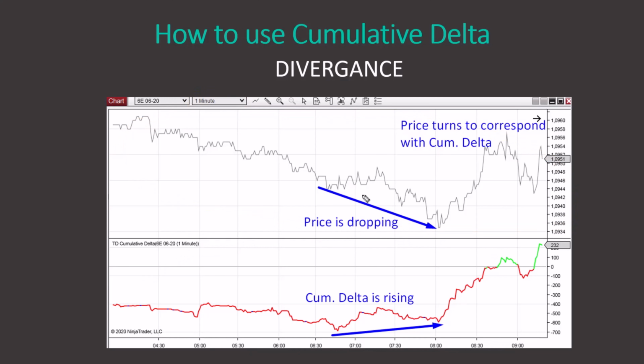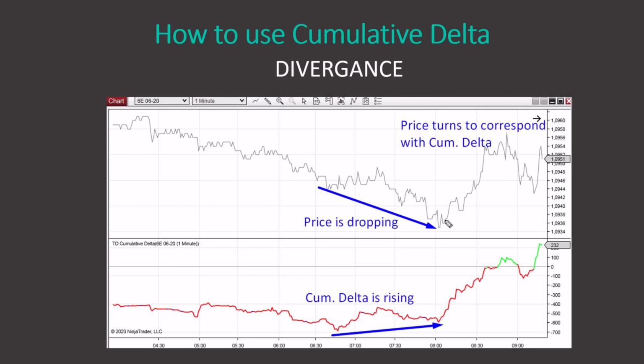Now, divergence appears when the price is going one way, like in here, the price was going downwards, and cumulative delta is moving either sideways or upwards, right? So this is divergence, because price is going downwards, delta is going upwards. And this is very important information the market is giving you.